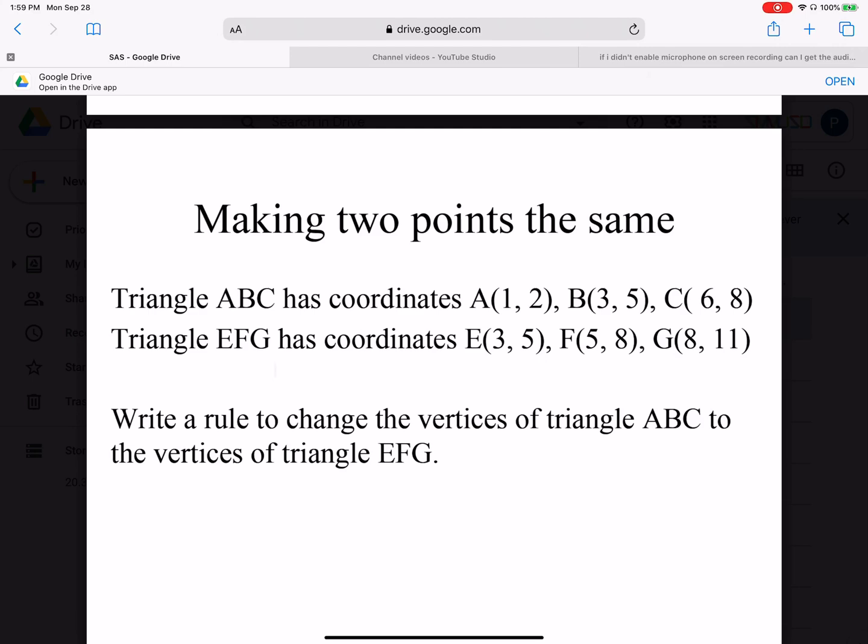So I have to figure out what the rule is going from A to E, B to F, C to G. I'm going to give you a few seconds to figure out what the rule is. This one's an easy one, and then we'll end it on this, okay?